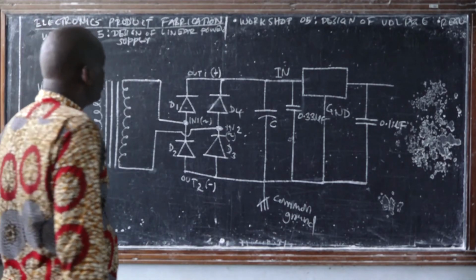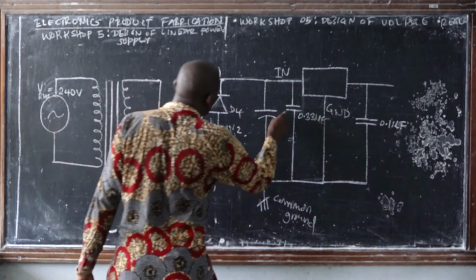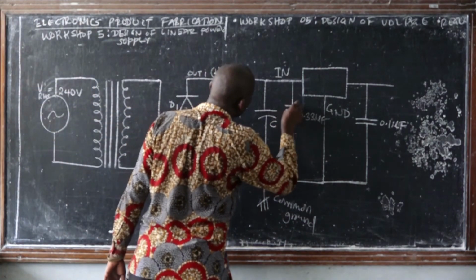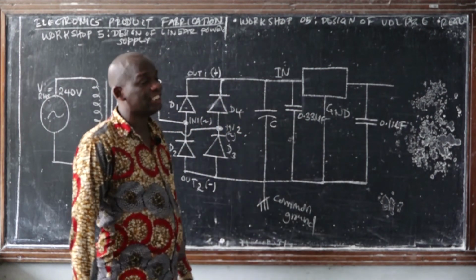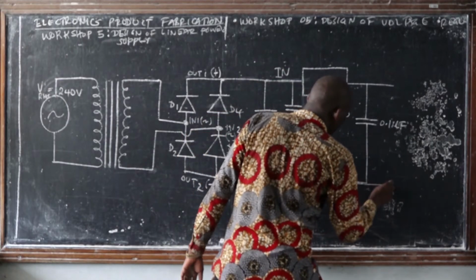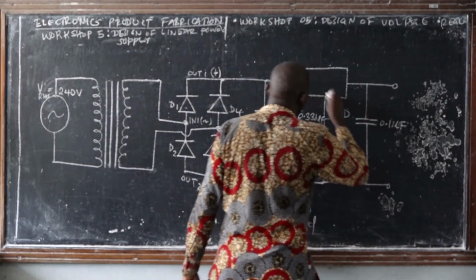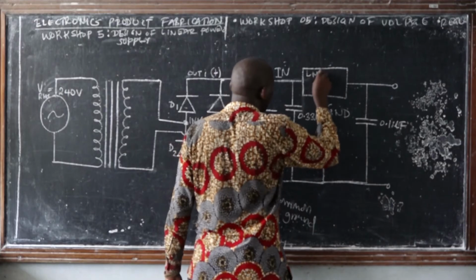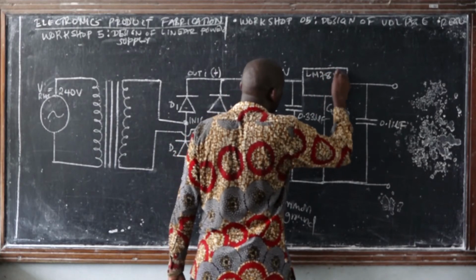Okay, so in order for us to have a visible signal that our linear power supply is working, these are the two terminals where we are going. So here we have either, for this case, LM78XX.